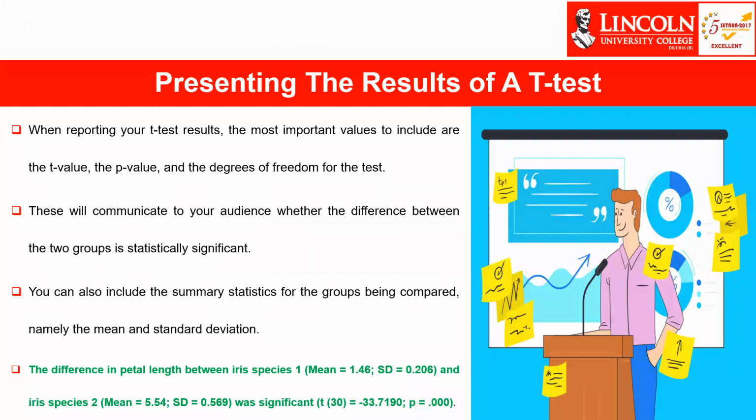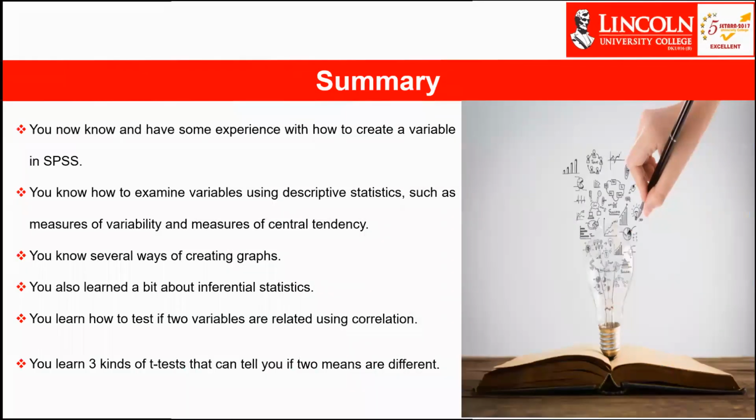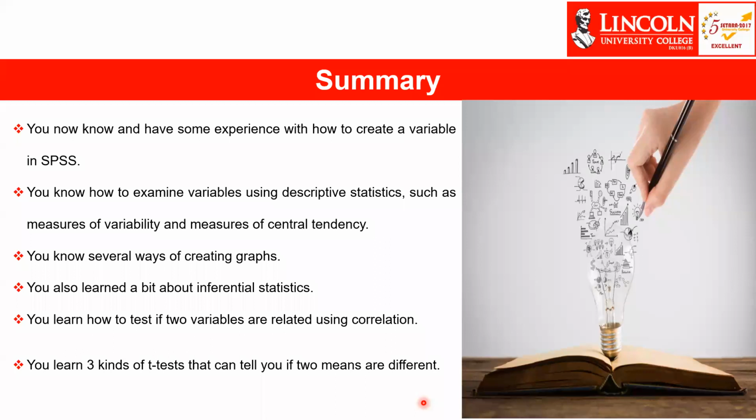Okay. So now, in summary, so far you now know and have some experience with how to create a variable in SPSS. You know how to examine variables using descriptive statistics such as measures of variability and measures of central tendency. You know several ways of creating graphs that we have done in our previous classes. We also learned a bit about inferential statistics that we just did. I think we did some last week as well.